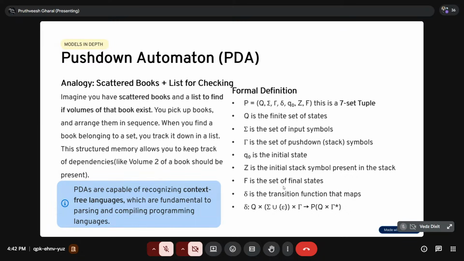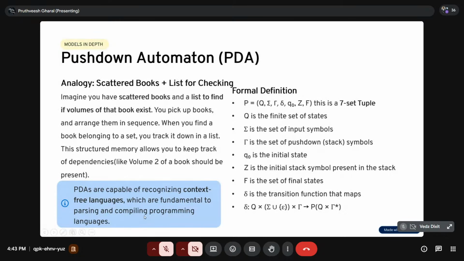Delta is a transition function that maps Q times (sigma union epsilon) times gamma to the power set of Q times gamma star. Now, what does this mean?